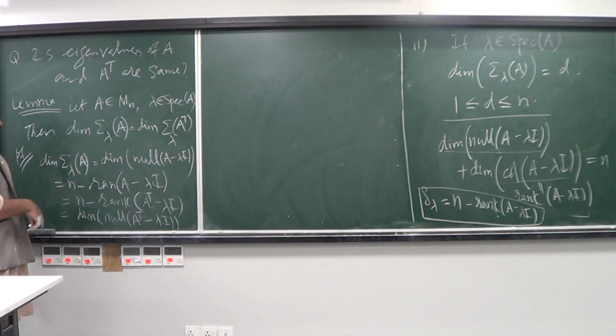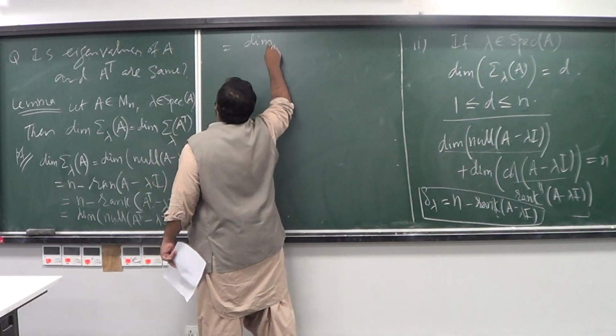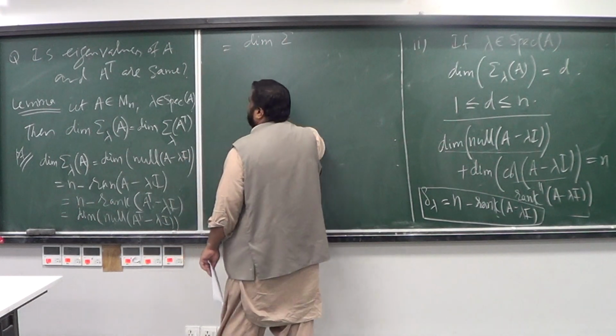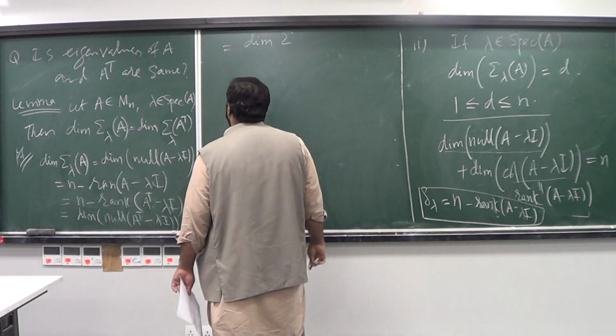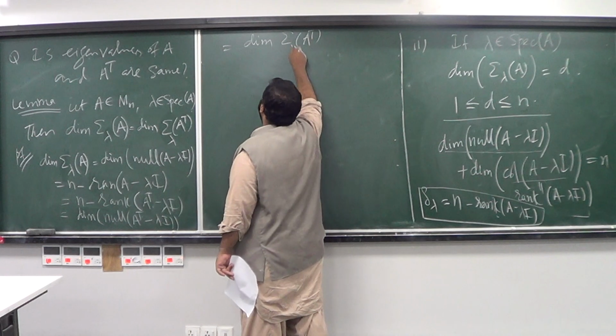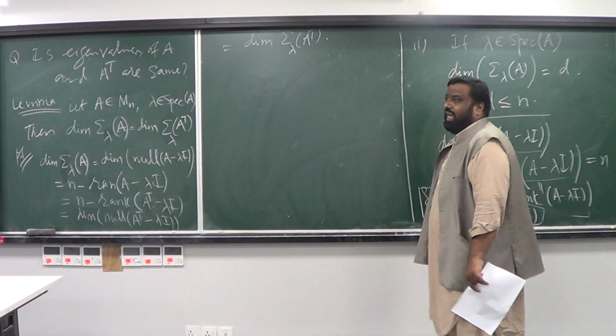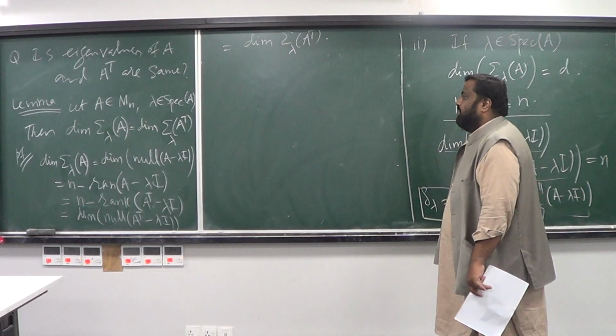This shows that the dimension of the eigenspace of A and the dimension of the eigenspace of A transpose associated with lambda are both equal.